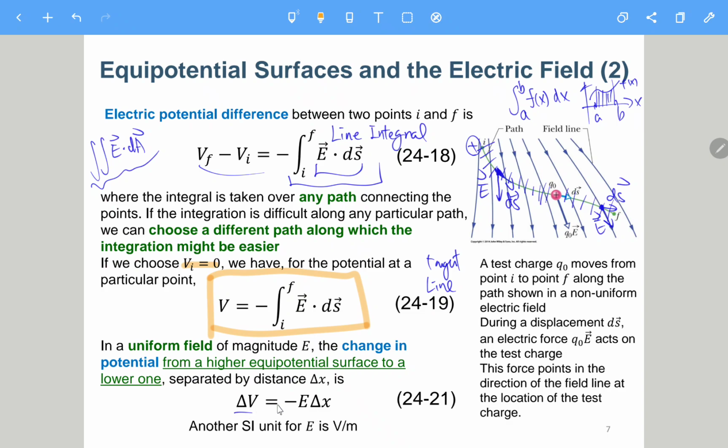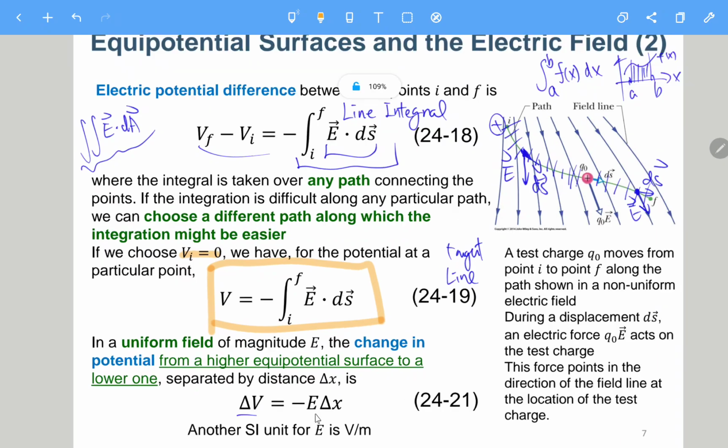The condition is a uniform field of magnitude E: the change in potential from a higher equipotential surface to a lower one, separated by distance delta x, is delta V equals E times delta x.